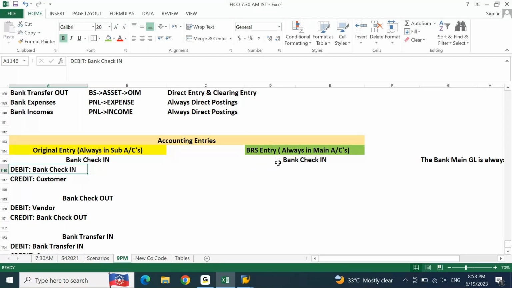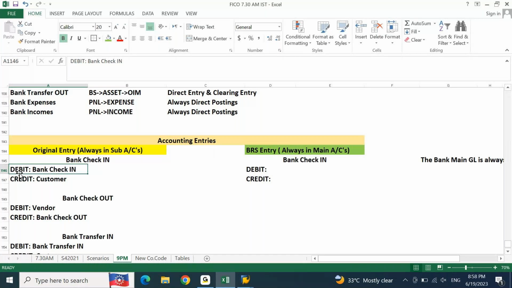Now what I am going to do here is pass the BRS entry, debit and credit. When I pass the BRS entry, initially you have received money in which account? Bank check incoming account. Ideally, when you receive the bank statement, you will be moving the amount from bank check incoming to the bank main account.